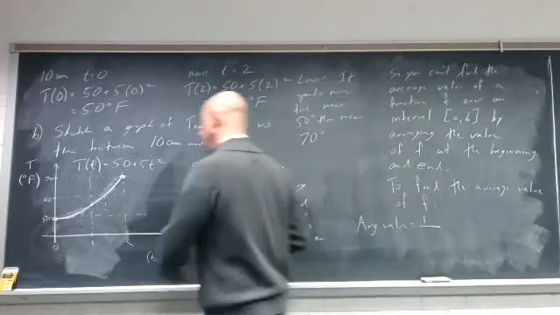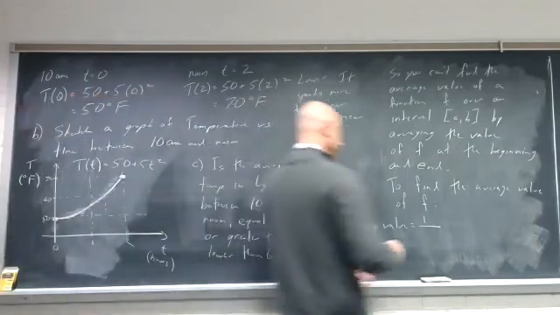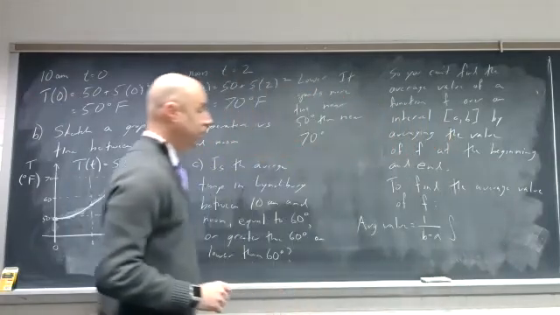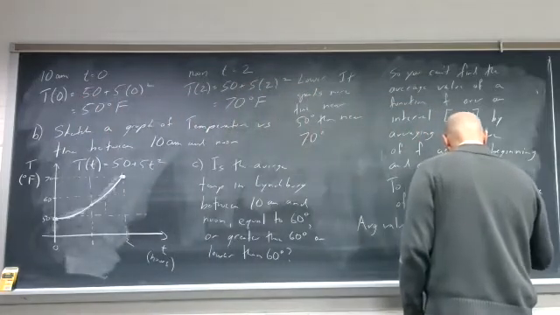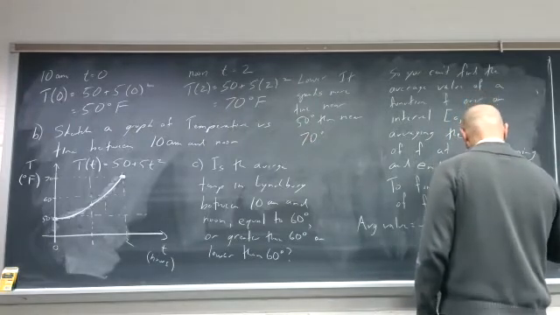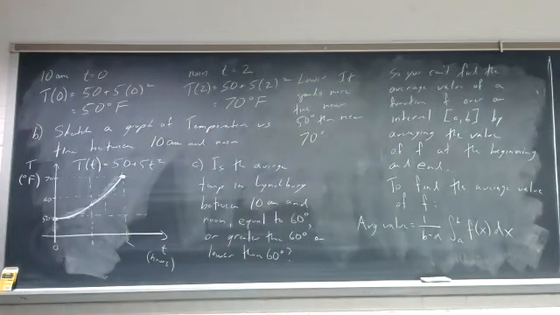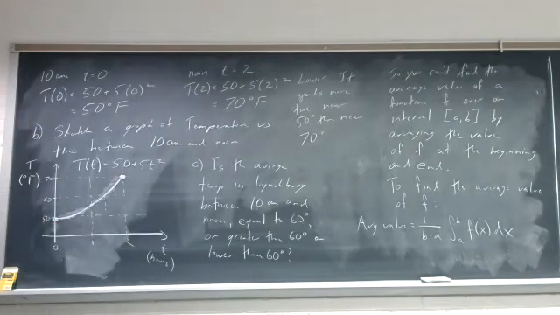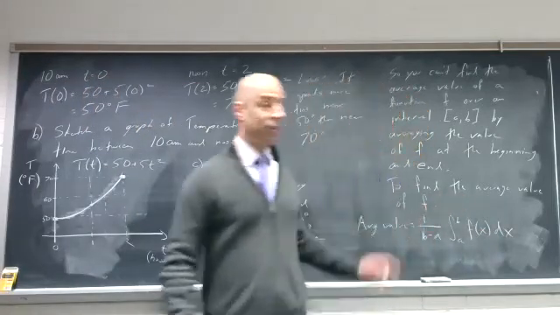It's 1 over the length of this interval, in other words, b minus a, times the integral from a to b of f of x dx. So in other words, you take the total area under the curve and divide by the length of the interval.